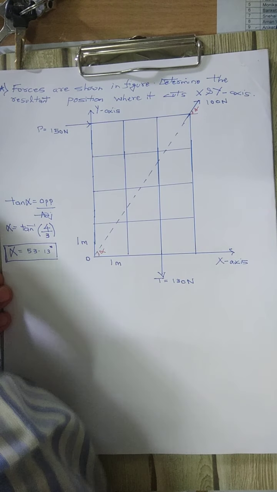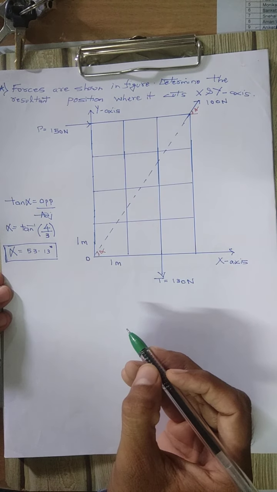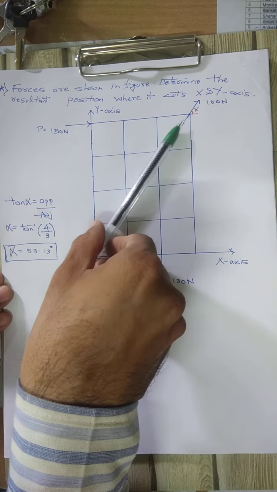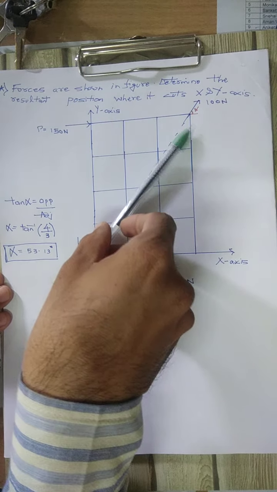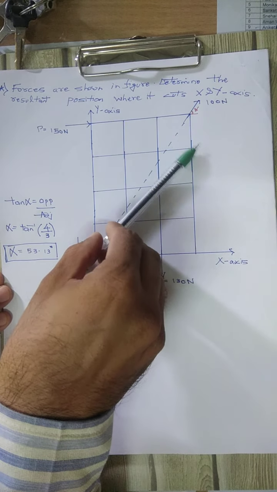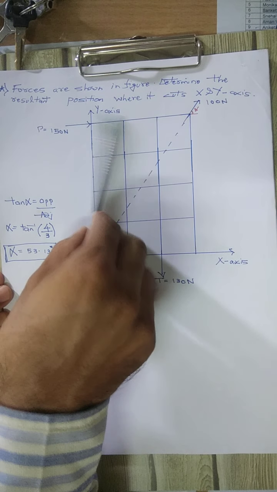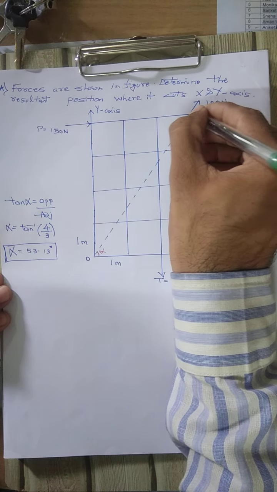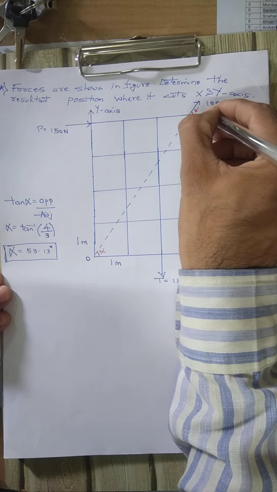Again, for simplification, we will resolve this 100 Newton along the x-axis and y-axis. While resolving this force, it will be resolved along x and along the y-axis. As it is making an angle with the x-axis, the horizontal component will be cos theta and the vertical component will be sin theta.